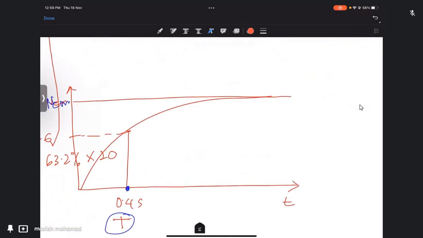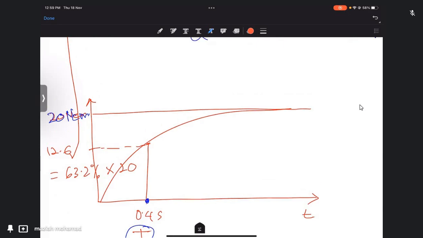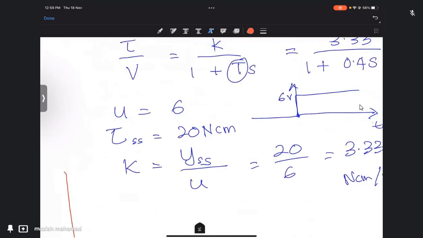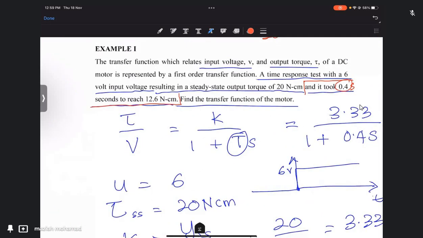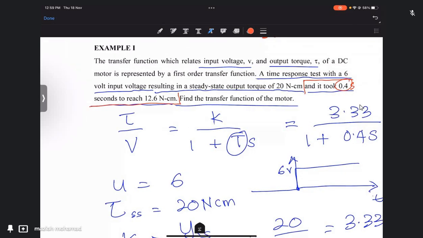But if, let's say, it mentioned it took 0.4 second to reach, not 12.6, but 10 Newton centimeter, let's say this is the kind of information given to you.